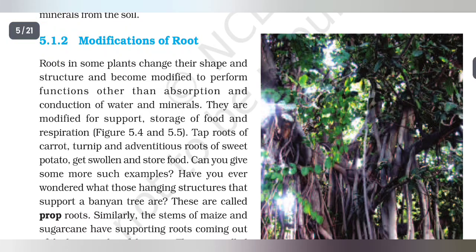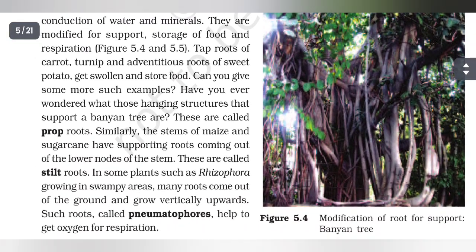Have you ever wondered what those hanging structures that support a banyan tree are? These are called prop roots. Similarly, the stems of maize and sugarcane have supporting roots coming out of the lower nodes of the stem. These are called stilt roots. In some plants such as Rhizophora growing in swampy areas, many roots come out of the ground and grow vertically upwards.